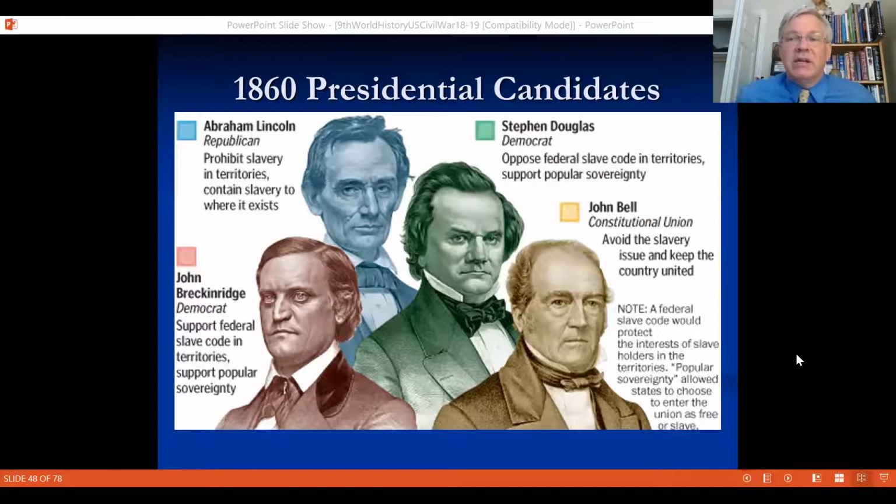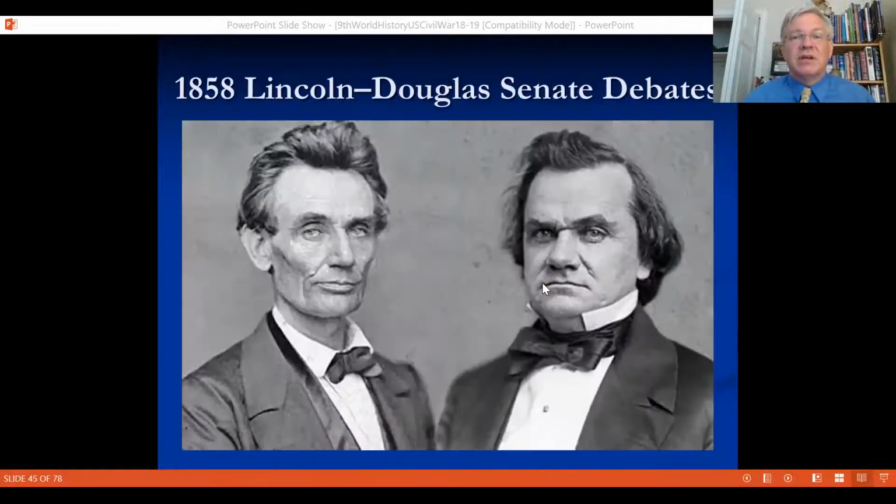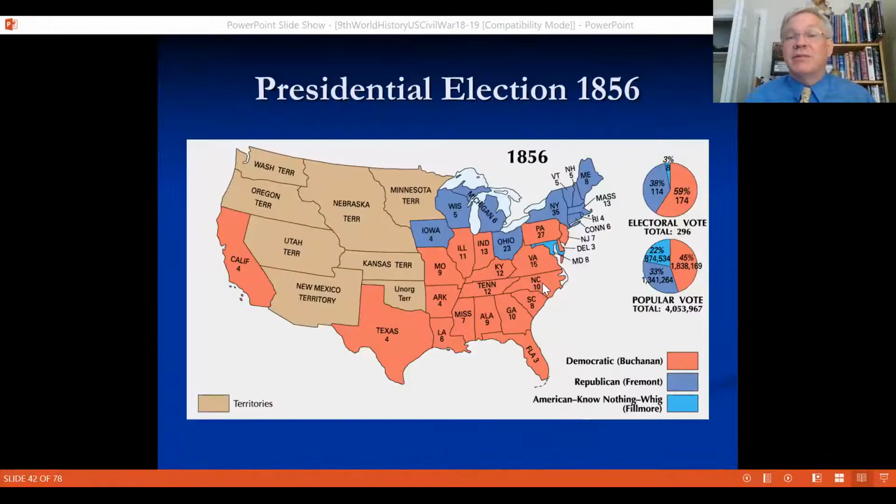Now, typically, in most presidential election years, you have candidates from the top 2 parties. The top 2 parties today are the Republican and Democratic Party. Back then, the Republican Party was a new party. Just to remind yourselves, going back to 1856, you had the American Party, the Know-Nothings, remember those guys?